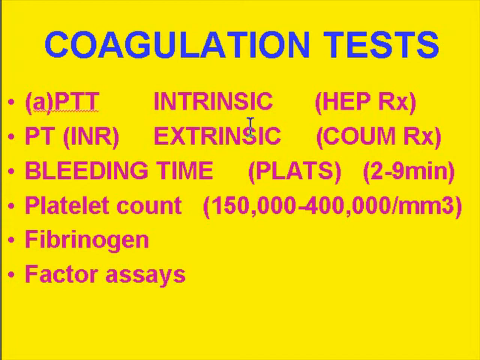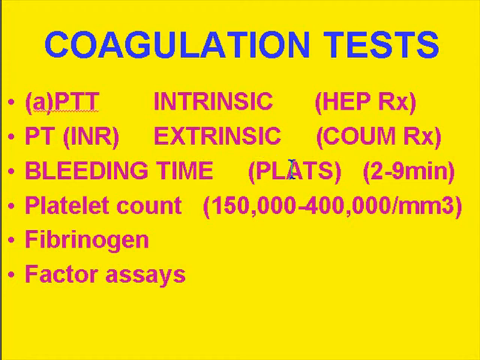To make a long story short, patients on heparin, you get yourself a PTT, partial thromboplastin time activated, APTT. Patients on Coumadin, oral anticoagulants, you measure the extrinsic system, and you measure their normalized prothrombin time, which is called INR.